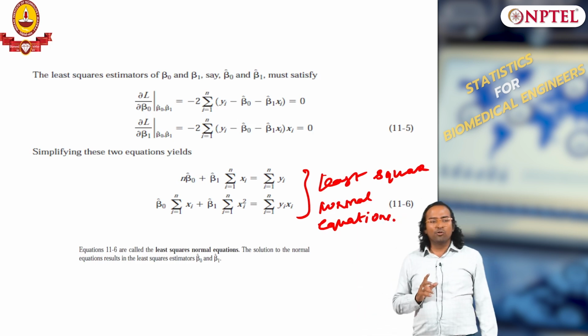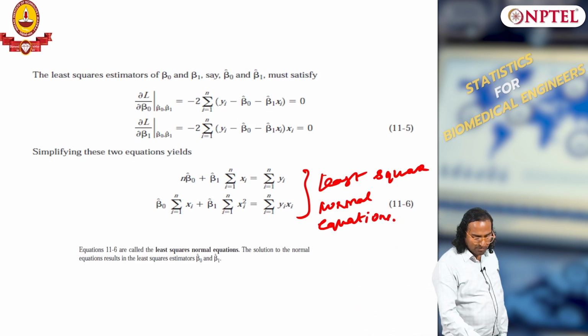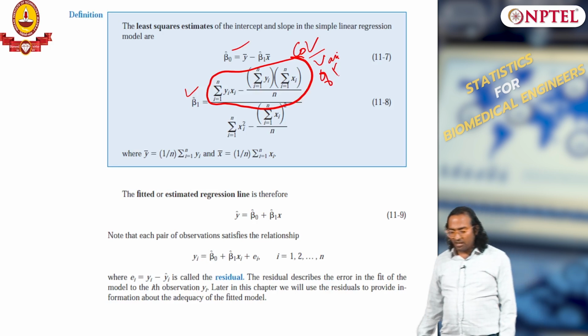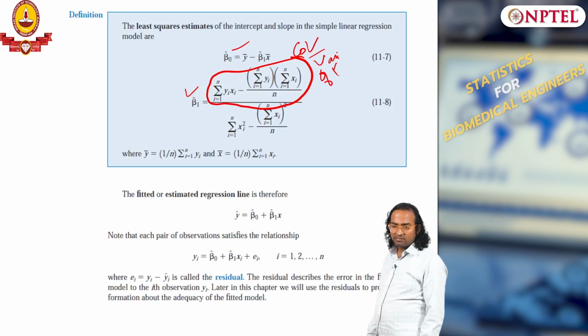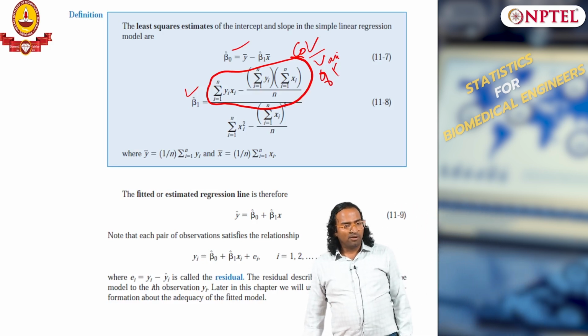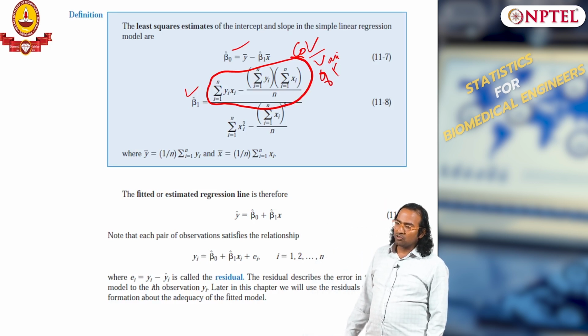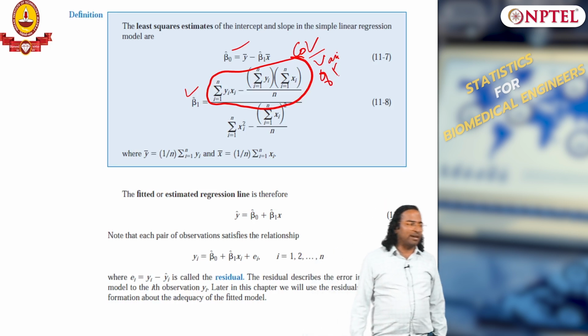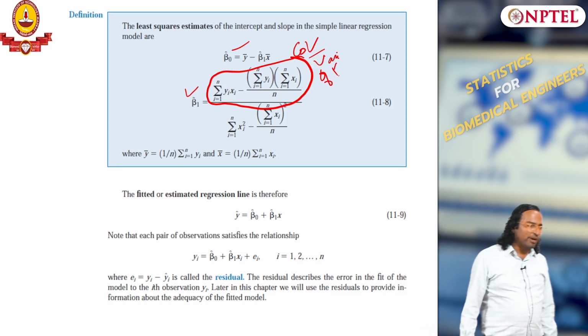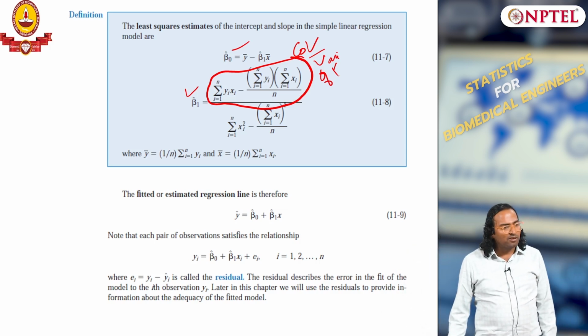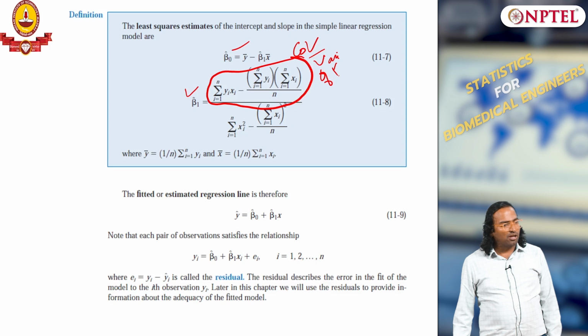By now you should have guessed that beta 1 should be a function of covariance or correlation, because beta 1 is the relation between y and x. It is the linear relation between y and x, and we know linear regression between two variables is given by correlation, the normalized covariance.